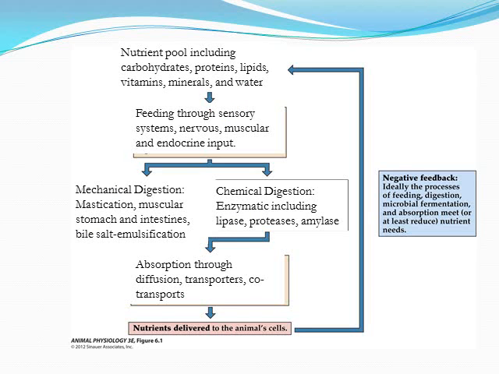This is a modified diagram that I use in my animal phys class, and it just, for me, helps to put the overall discussion of the digestive system into perspective. So your body needs a nutrient pool. You need these nutrients in order to continue breaking down and building up and turning over tissue and functioning, muscle contraction and things like that.